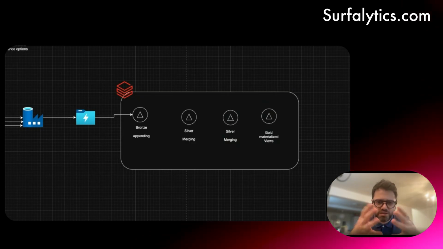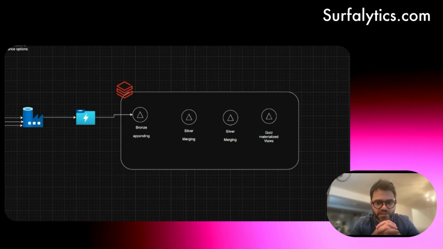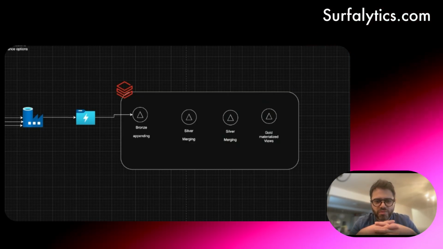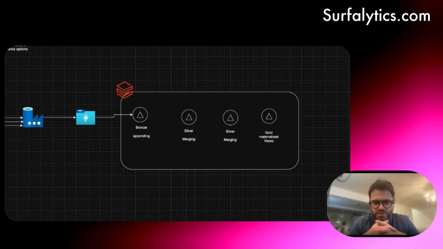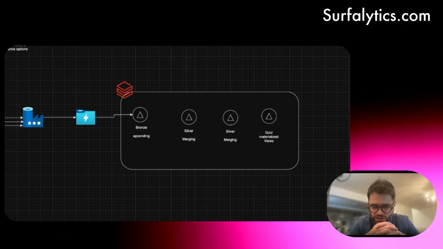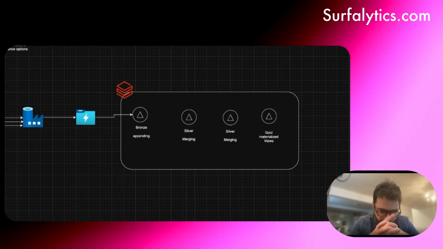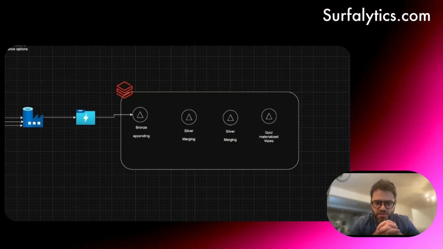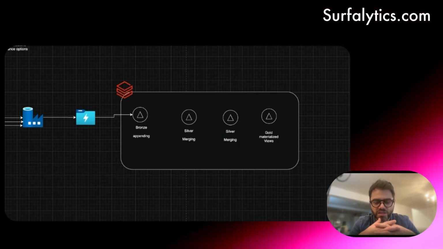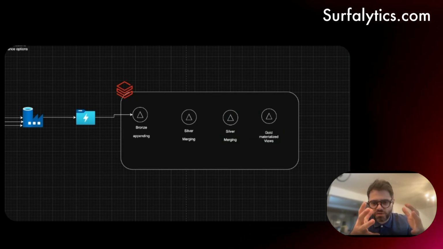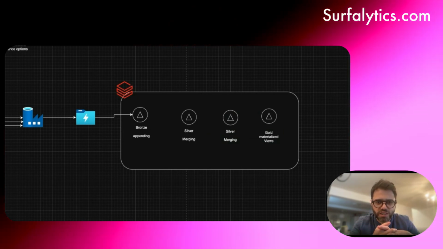The managed solution analyzes it, because Delta is just Parquet files with a transaction log on top, and those Parquet files need to be optimized for the best performance. The managed solution takes care of that.